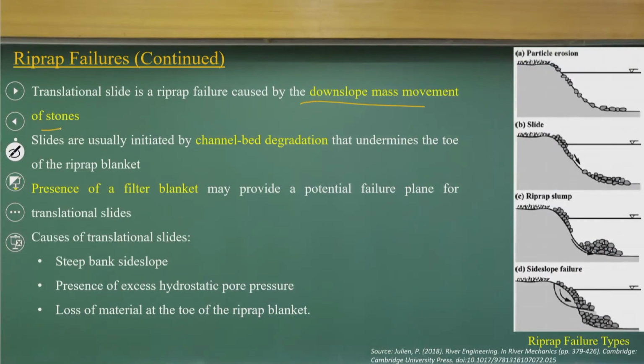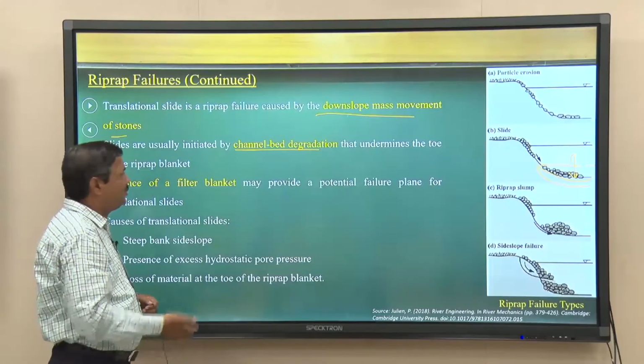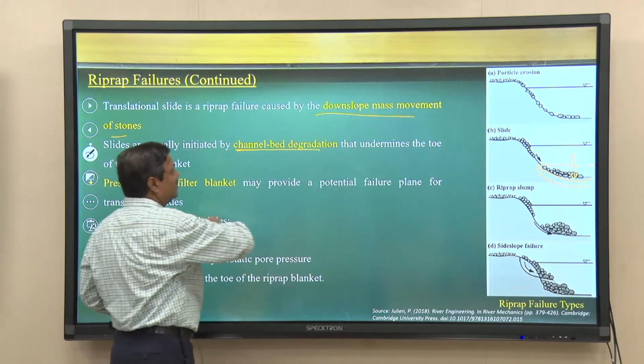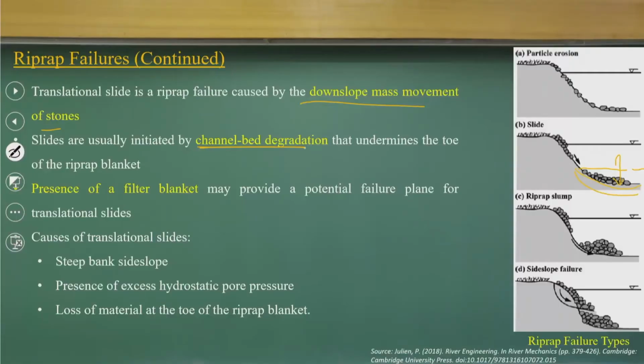It happens like that, and this slide is usually initiated by channel bed degradation. What happens is that if the channel bed is like this and it is degraded, okay, if erosion is happening, the deepening of the channel is happening, you can have channel bed degradation which undermines the toe of the riprap blanket, then you can have this type of slide.